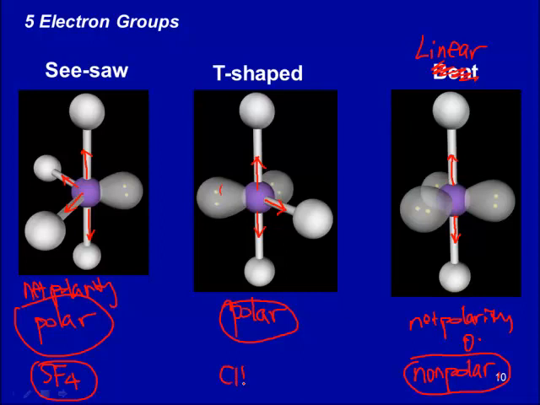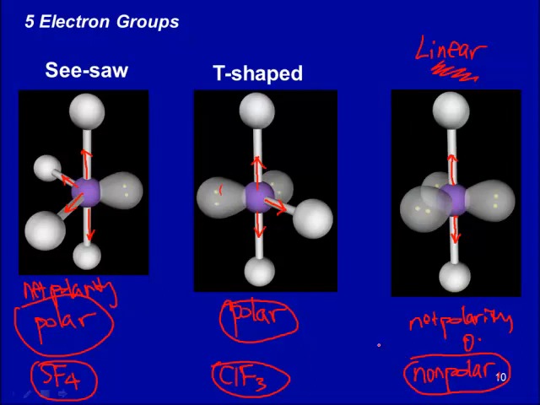And ClF3 will have the T-shaped geometry, and each individual bond is polar, but one of them cannot be cancelled. So the whole molecule is also polar.